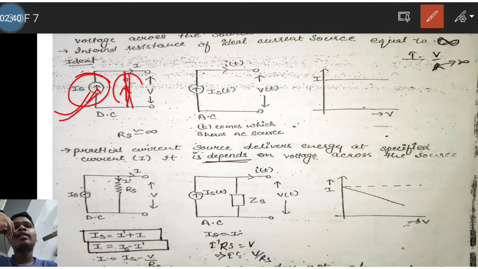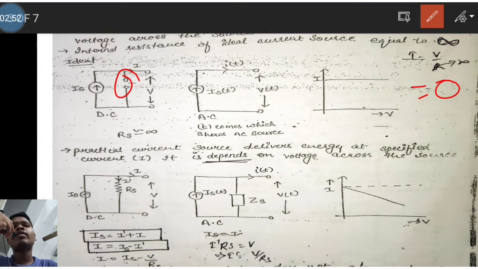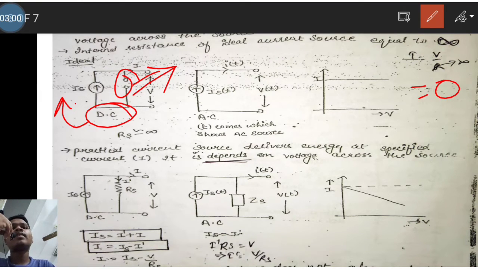In the ideal case, the internal resistance will be infinity, so it will be open circuited, and if open circuited, no current will flow. So the current is 0 in that part, and the actual current will flow across the other part. This is the DC figure of the ideal current source, and this is the VI characteristic.